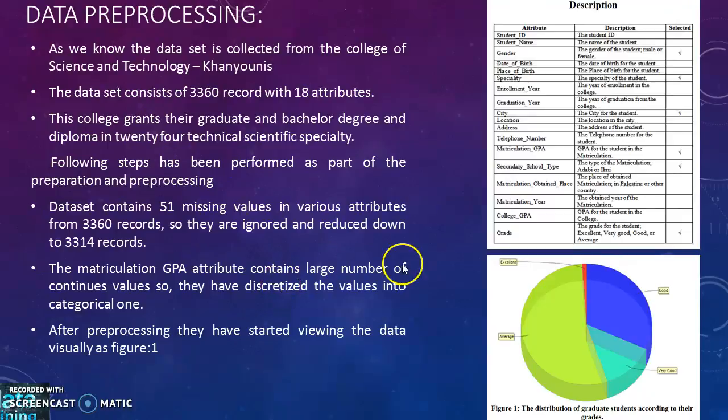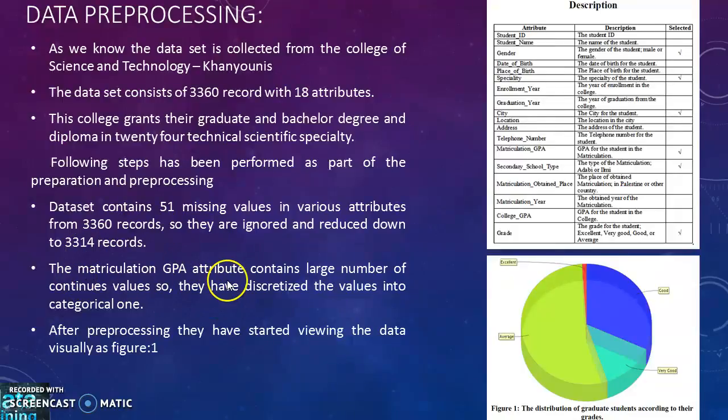Data processing. So before getting into the problem, they have pre-processed the data, which means they have removed some unwanted attributes. Basically, they have 18 attributes with 3,360 records. Once after removing 51 missing values from this data, the data has been reduced from 3,360 to 3,314 records.